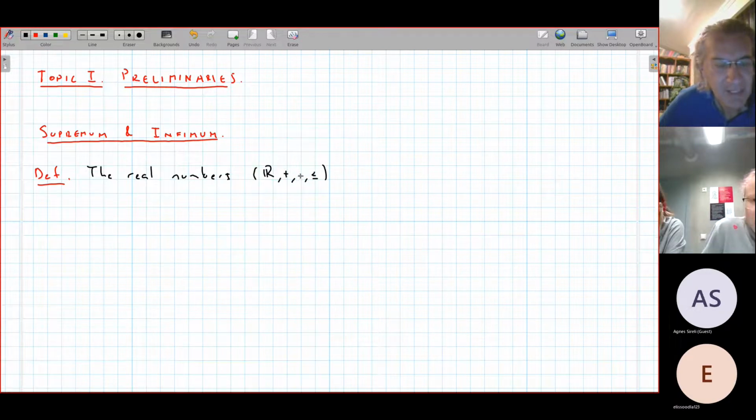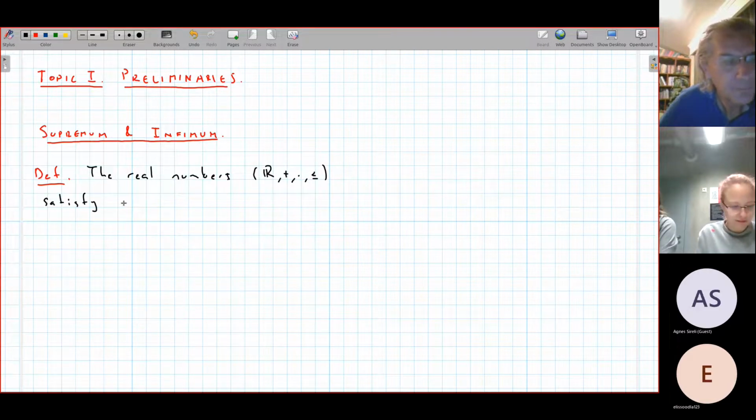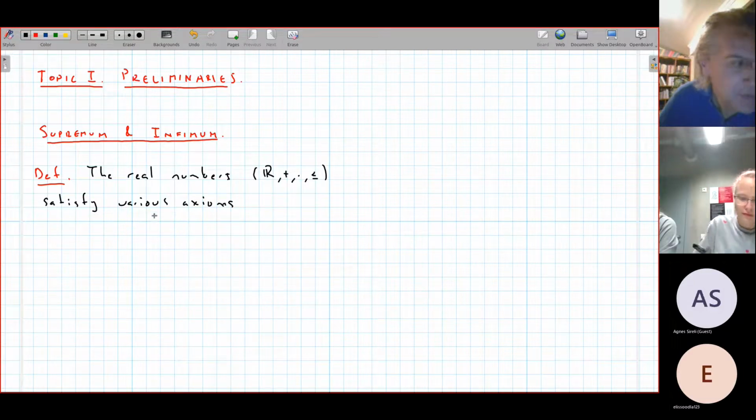This set, these operations and this order relation satisfy various properties, and these properties are usually called axioms.